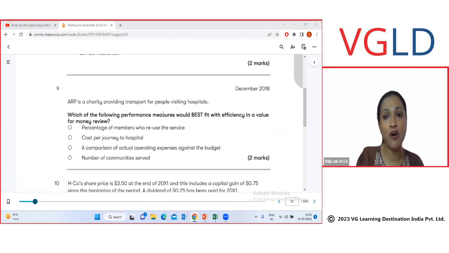Remember your value for money, the 3 E's to measure the performance of a not-for-profit organization: economy, efficiency, effectiveness.